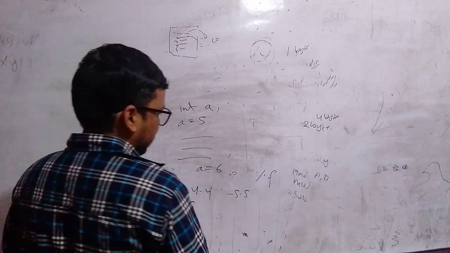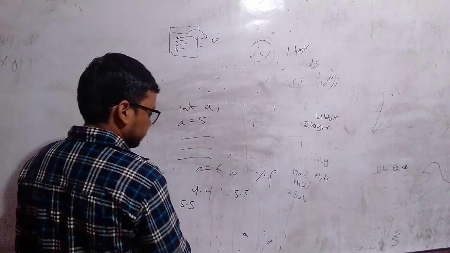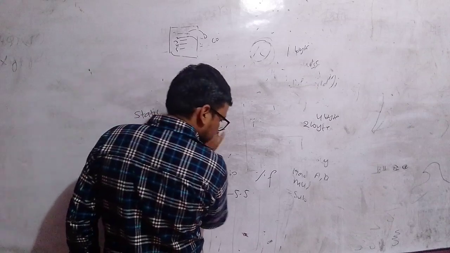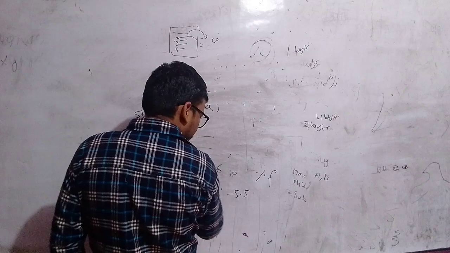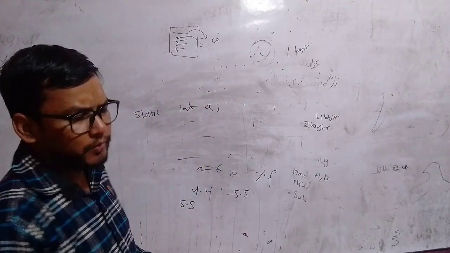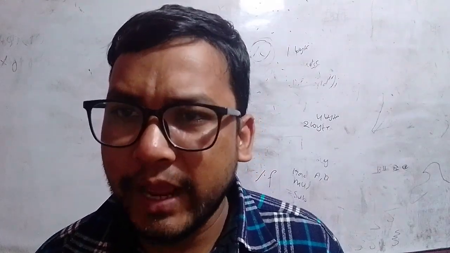And another is the register variable. What is a register variable? Where does the variable preserve space? A variable preserves space in the memory, meaning main memory, RAM.